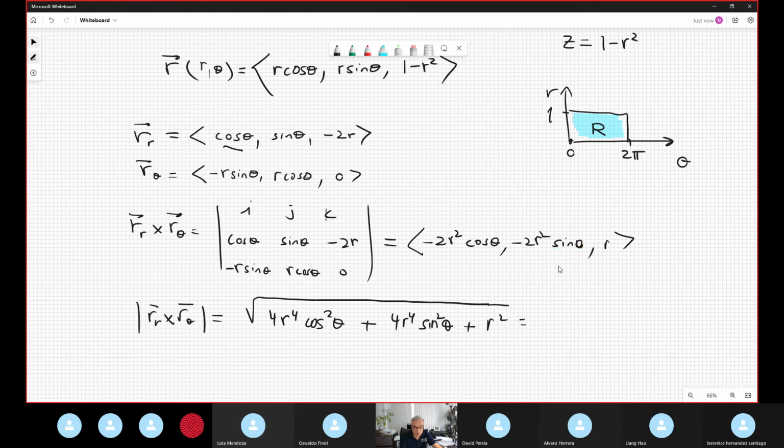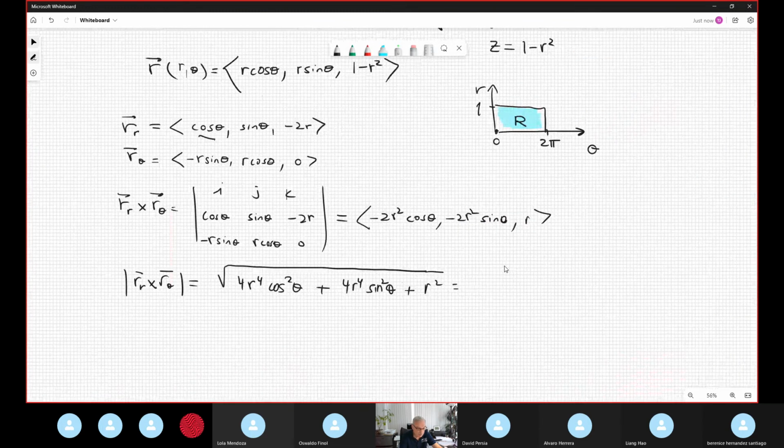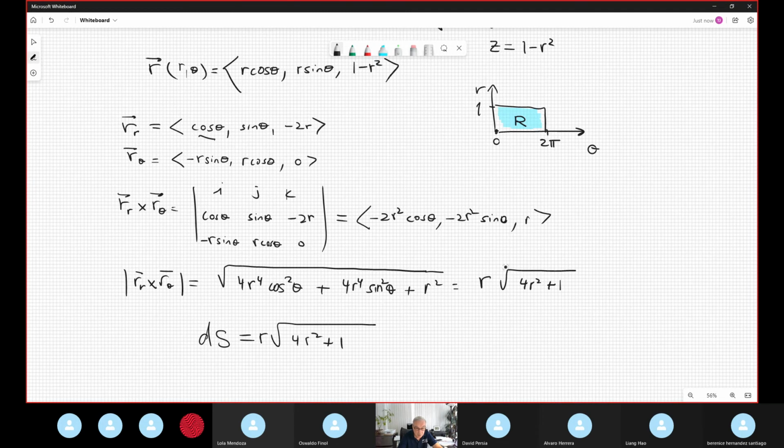So you factor r squared and manipulate some algebra, and when you put sine squared and cosine squared together it is 1. The answer is r square root of 4r squared plus 1. Therefore, with this parameterization, dS is r square root of 4r squared plus 1 dr d theta, which is our new variable in the parameterization.